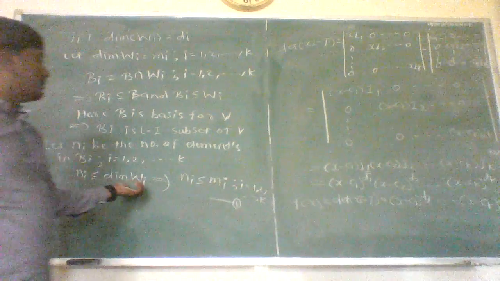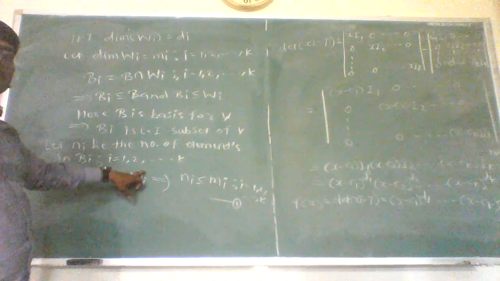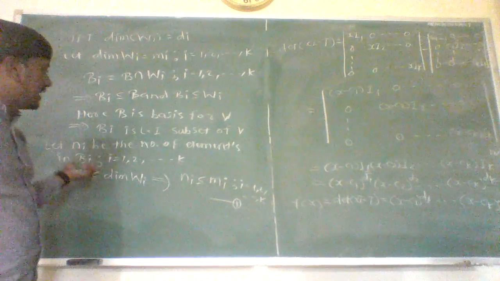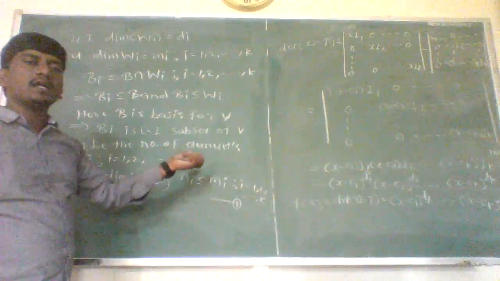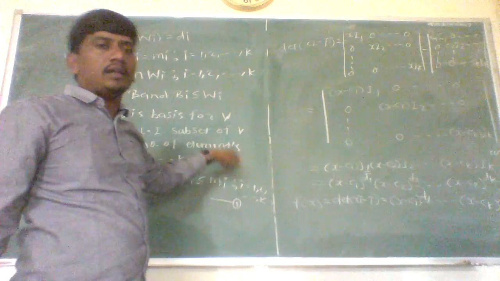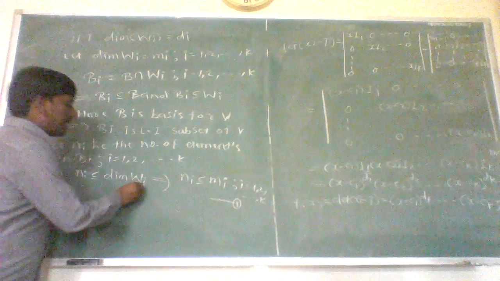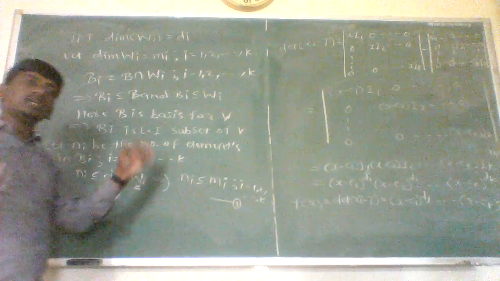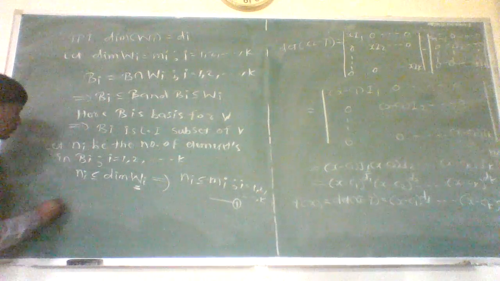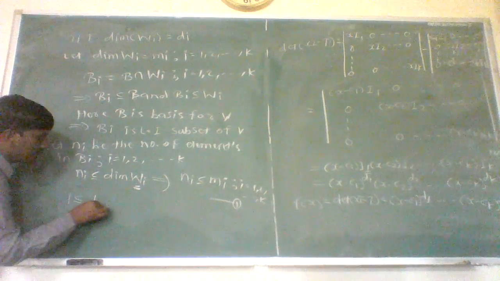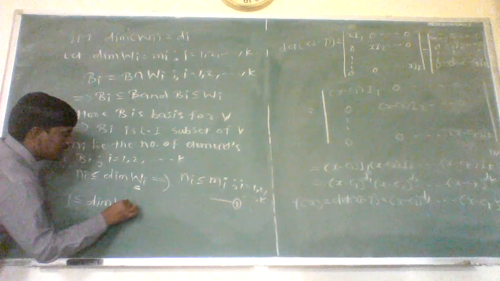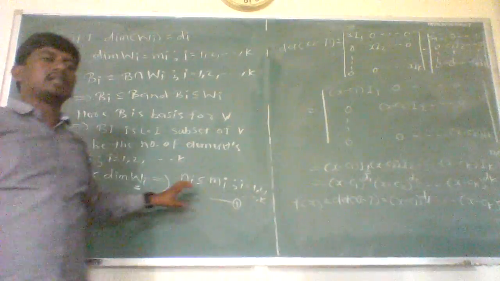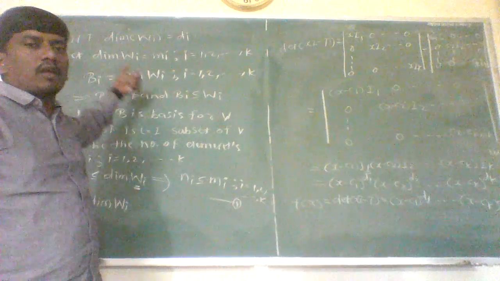Okay, now as we know that W1, W2, up to so on Wk are the characteristic spaces associated with the characteristic values ci of the linear operator T, and c1, c2, up to so on ck are distinct characteristic values of the linear operator T. Therefore, each Wi contains at least one characteristic vector. Therefore, the dimension of Wi is greater than or equal to 1, since the Wi are the characteristic spaces associated with the characteristic values ci.